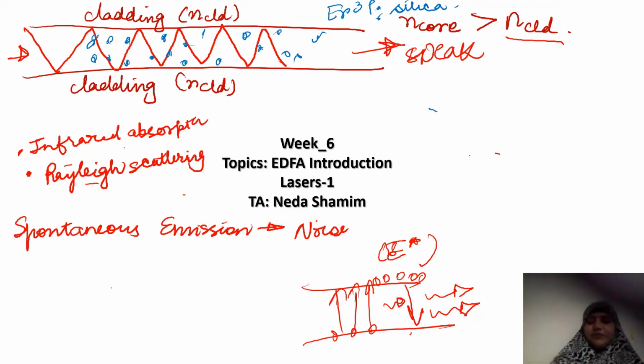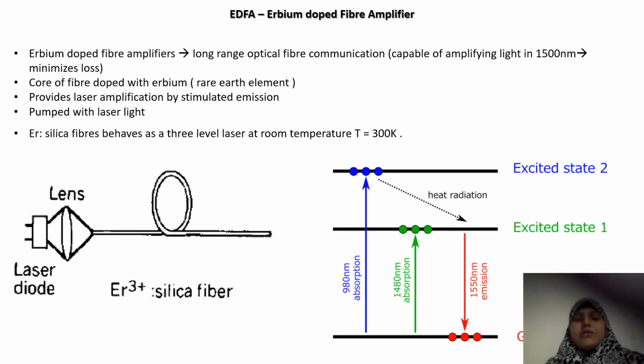So let's move on. I had told you about the erbium doped fiber amplifier. Erbium doped fiber amplifiers are used in very long range optical fiber communication, that is, information is transmitted over very long ranges, around thousands of kilometers, and for that we can't have much loss.